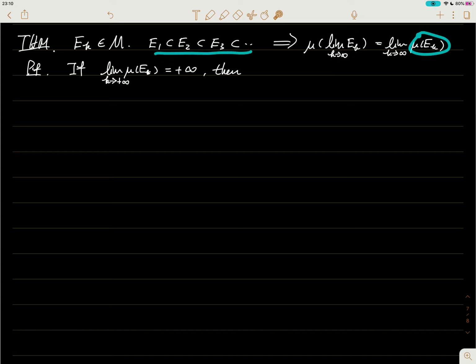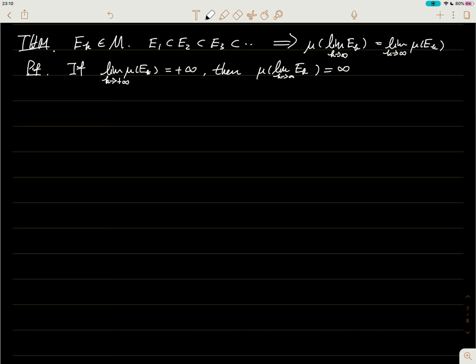So this is actually an increasing sequence, and it has a limit. But if the limit is infinity, it's approaching infinity, then since it's always bigger than that, the left-hand side must be infinity as well, right? So if this is infinity, then apparently this mu of limit EK is also infinity. Okay, so there's nothing to prove.